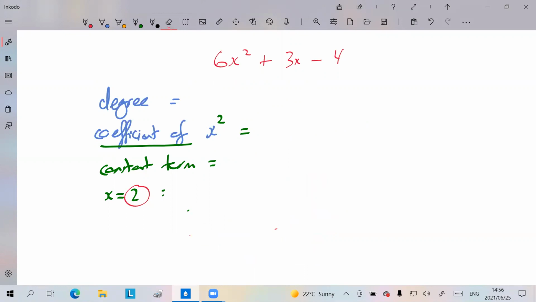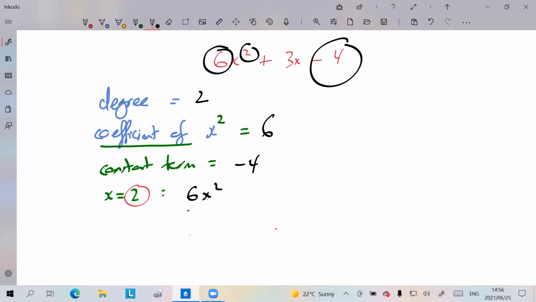I'm not going to spend too much time doing that. Very quickly, this is very easy stuff. The degree is, in this case, 2, the highest exponent. The coefficient of x squared is what's in front of the x squared, so it's 6. The constant term, in this case, is -4, and x is equal to 2, so you'll go 6x squared plus 3x minus 4.